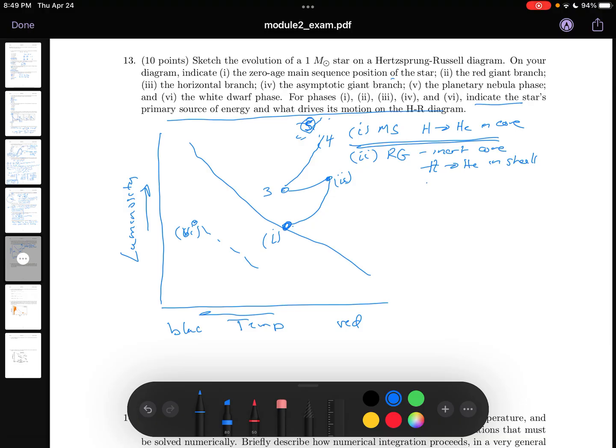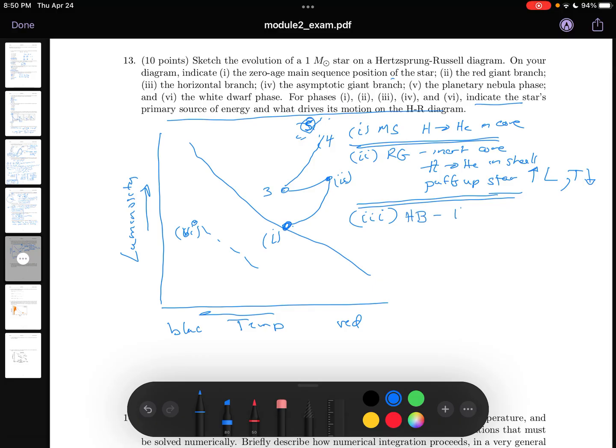And that puffs up the star. So that increases its luminosity, but also drops its surface temperature. Okay, then it suddenly gets hot enough for helium fusion to ignite, and we go into the horizontal branch.